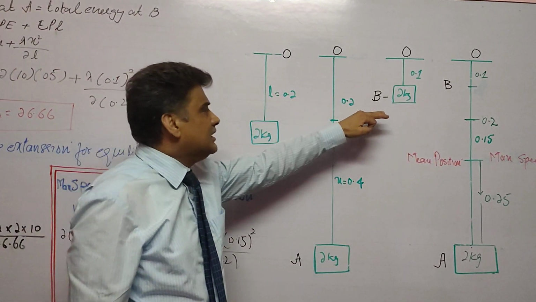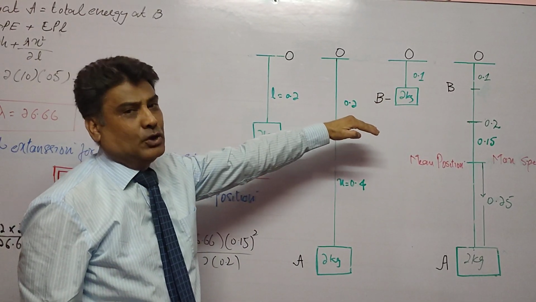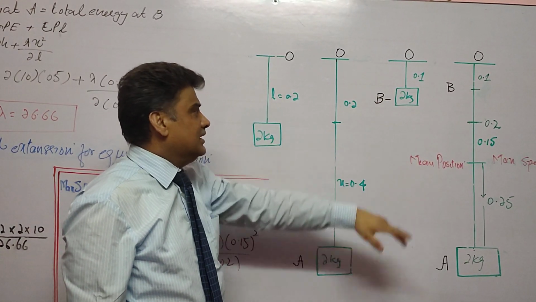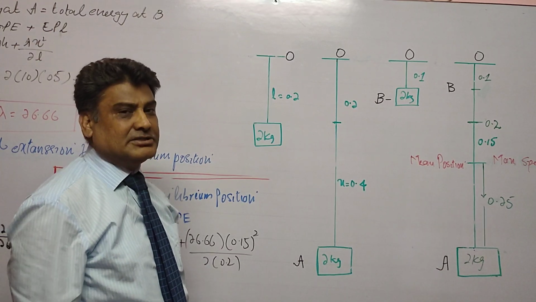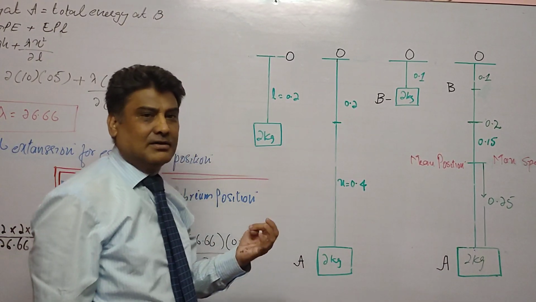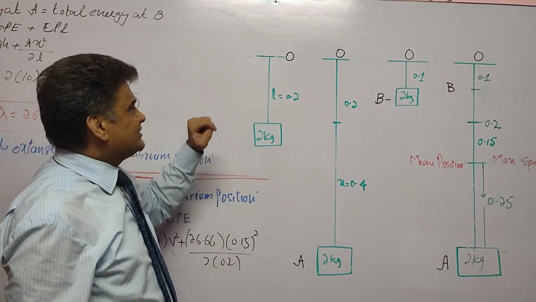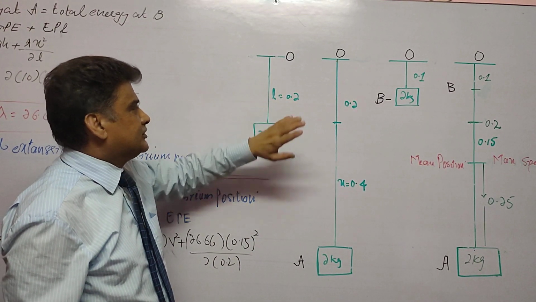At the point B, its elastic potential energy will not be completely equal to 0. Why will it not be equal to 0? You know, the actual length of the string is 0.2 meter.